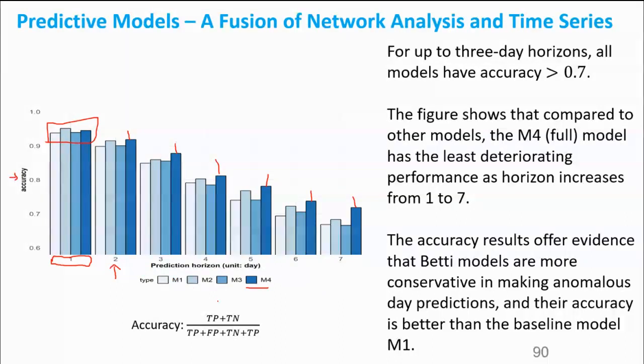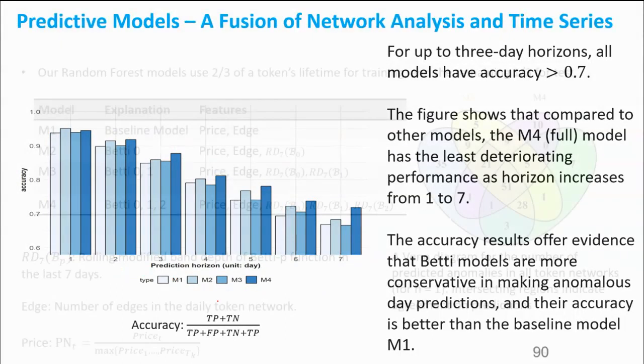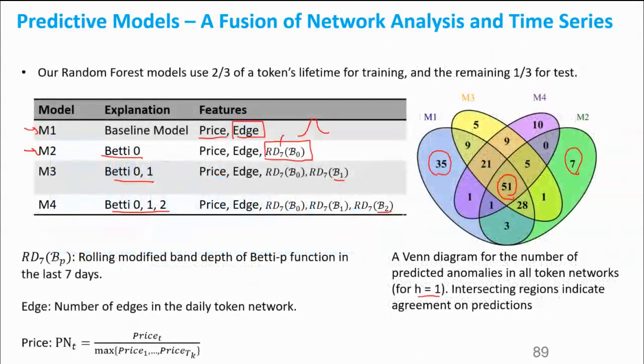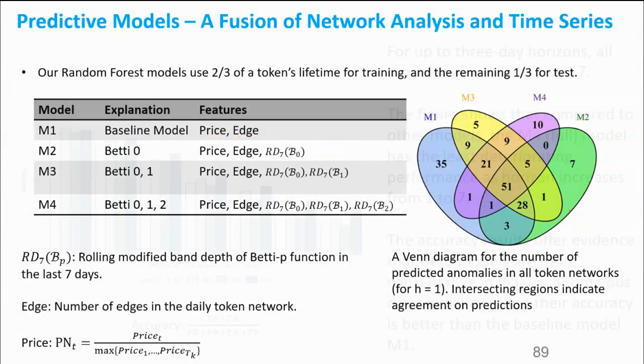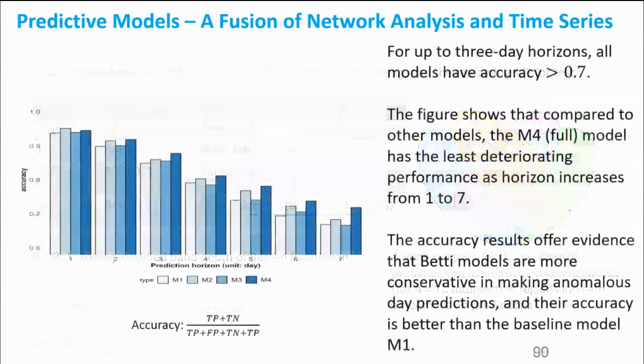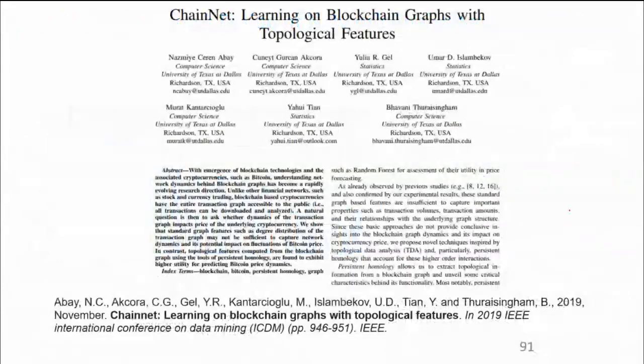And their accuracy is better than the baseline model. Here, for example, the baseline model is making these 35 anomalies that do not really happen, but Betty models do not have these false positives. So this was the work on Ethereum token networks. And I will present one more paper before we leave.